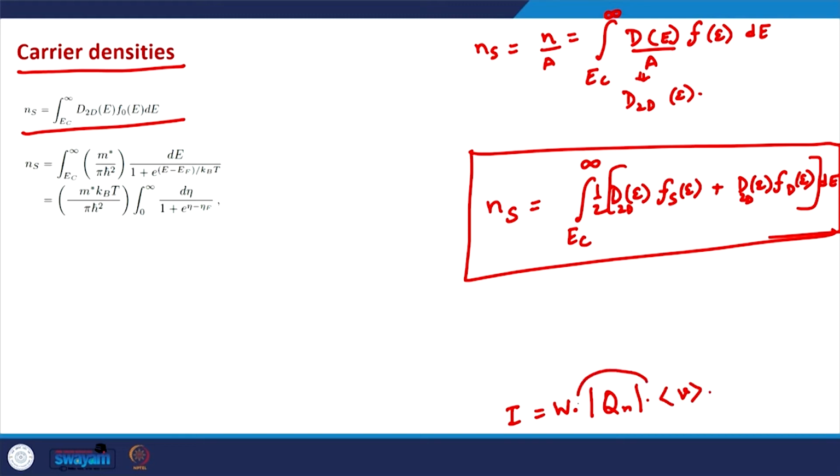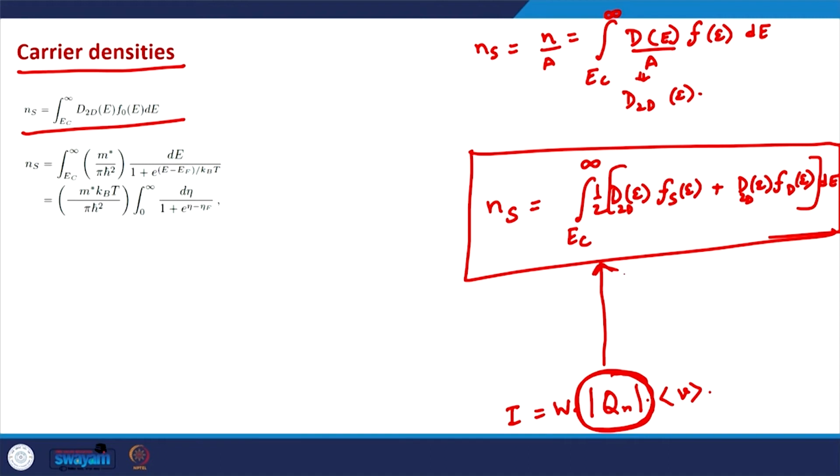So the charge density in the channel is actually obtained by this expression here. Please keep this in mind, this is an important parameter and it depends on the electrostatics of the MOSFET that we will study in coming discussions, but a straightforward way to calculate the carrier density, the charge density, the number of electrons per unit area in the channel is by using this expression.